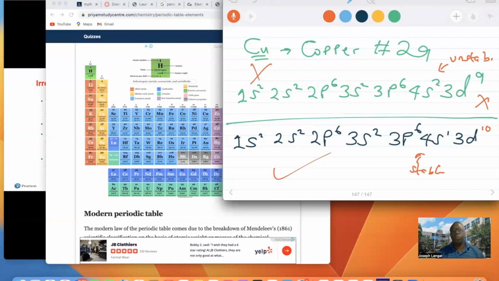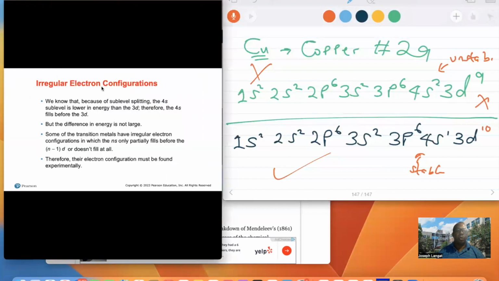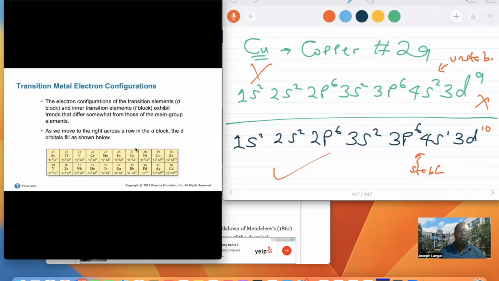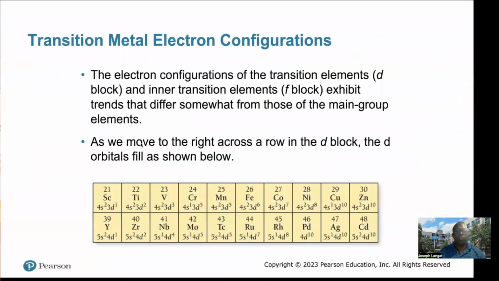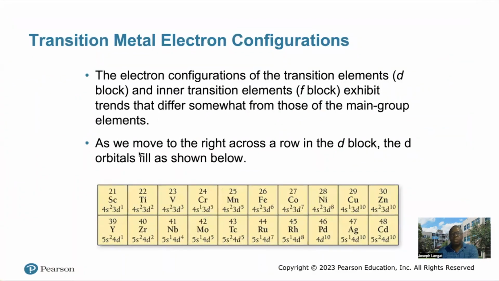So I've shown you two within the first 30 elements of the periodic table, chromium and copper, number 24 and number 29. They have an irregular electron configuration. There are other elements with irregular electron configuration apart from these.